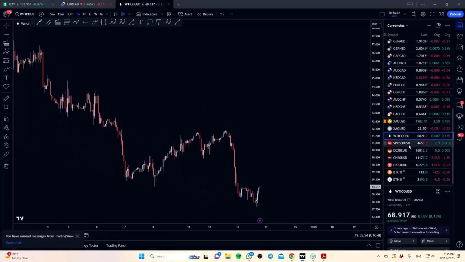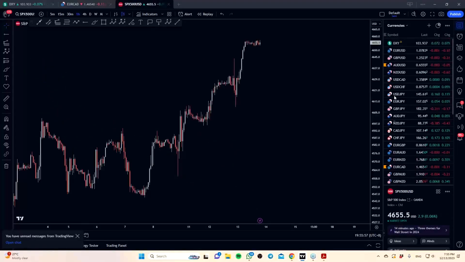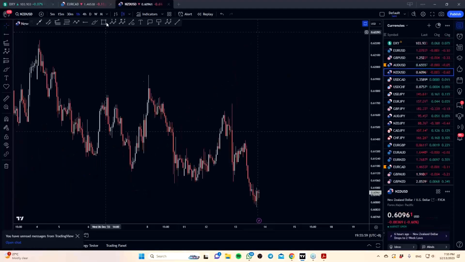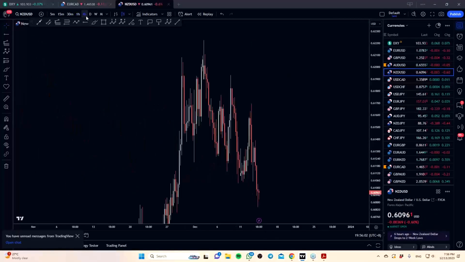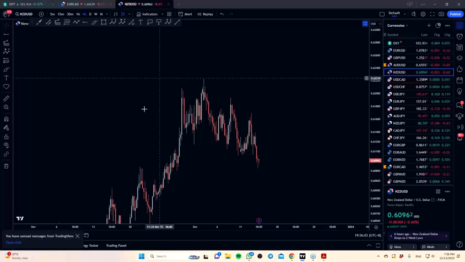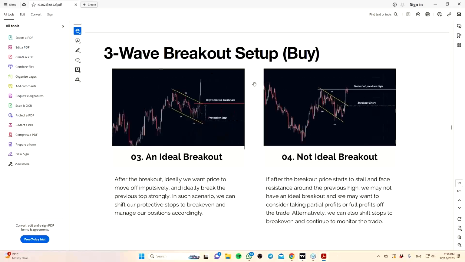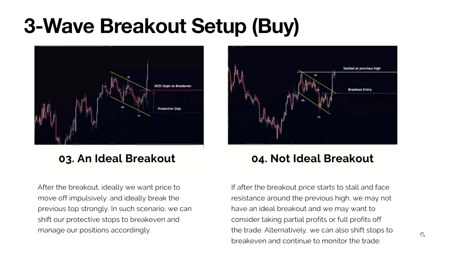I think that's the best I can find. In terms of roughly scrolling through, the Kiwi dollar will probably be the clearest example for now. So that's what we mean by three-wave breakout. Hopefully so far so good.